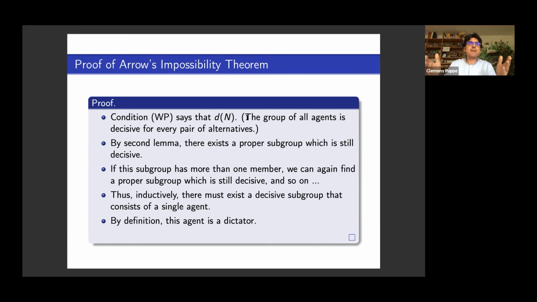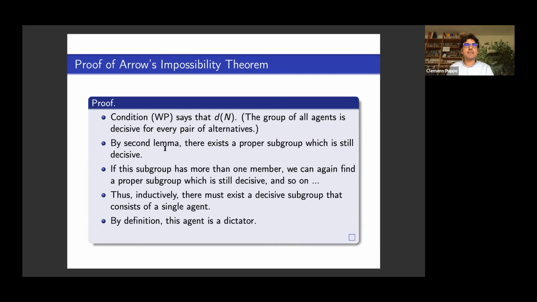So the group of all individuals, N, is decisive. The second lemma says if a group is decisive and has more than one element, then I can split this group into two subgroups and one of them will still be decisive.